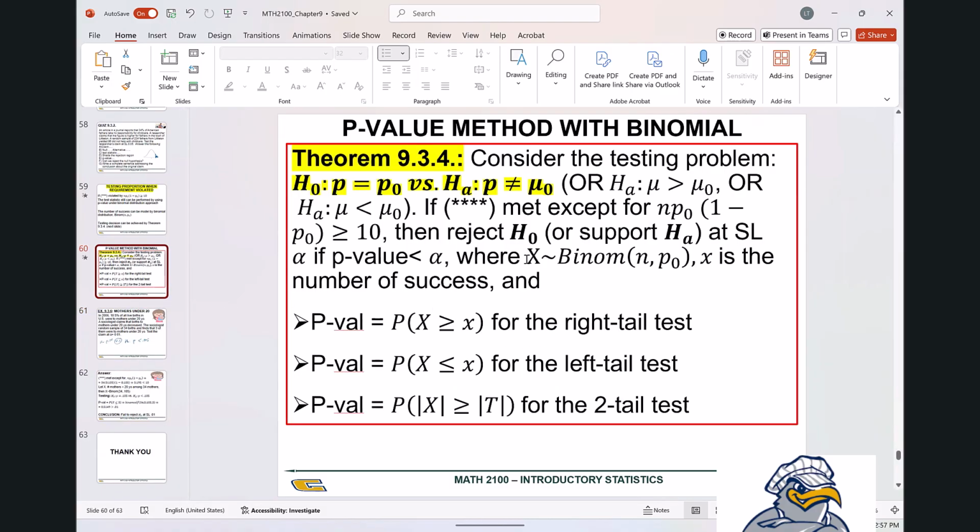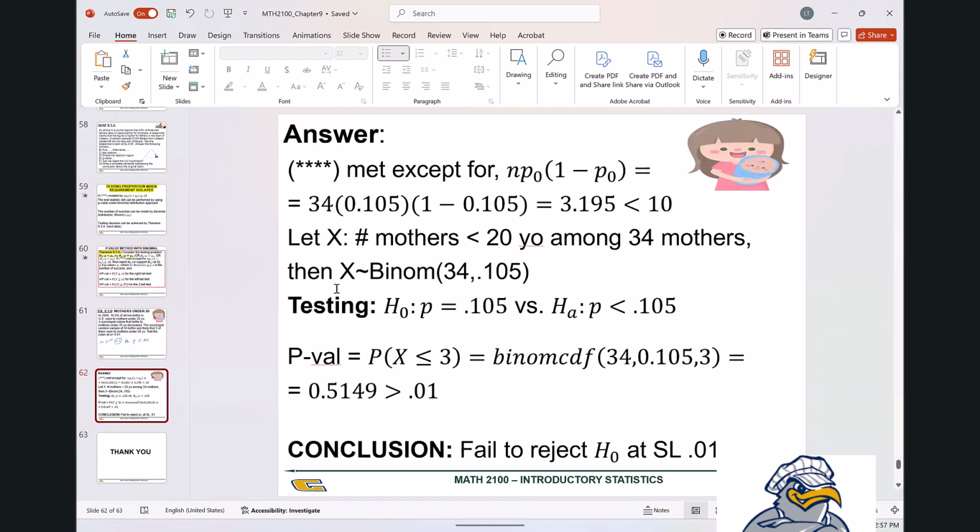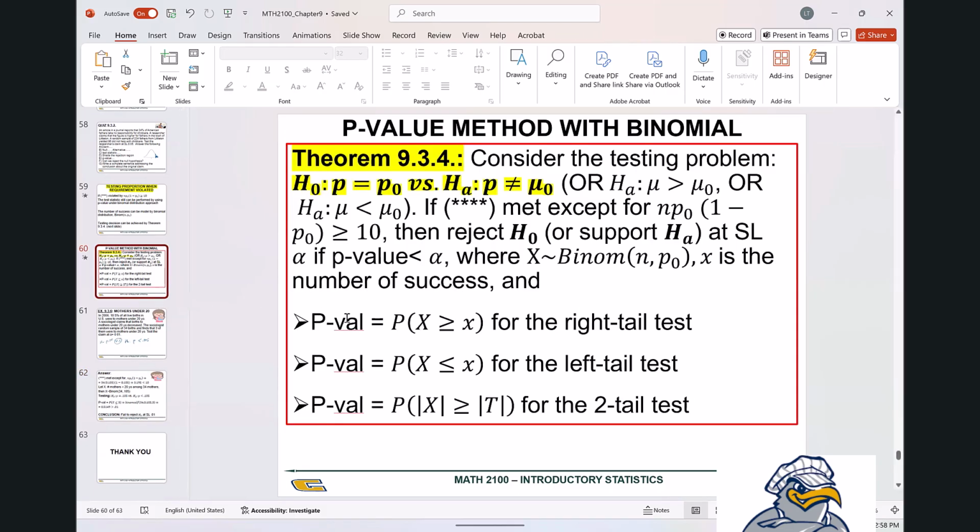The number of births to mothers 20 years old and younger follows a binomial with n equal to 34 and p equal to 0.105. Among 34 mothers, X is modeled by this. Because we are testing this problem, we look at the p-value for the left tail test.